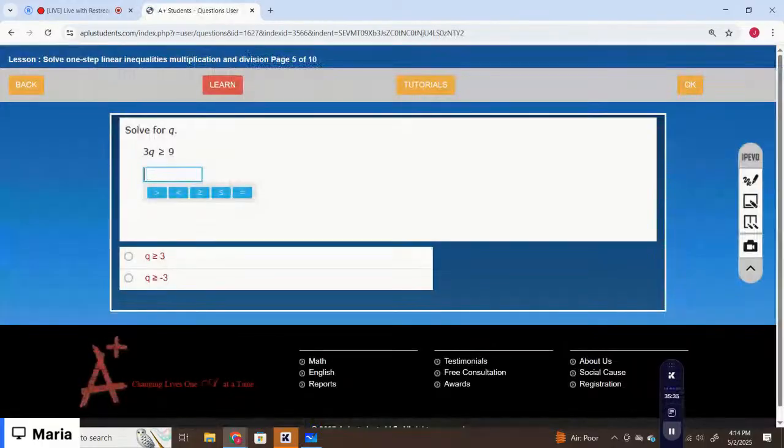Solve for q. 3q is greater than or equal to 9. So divide both sides by 3.